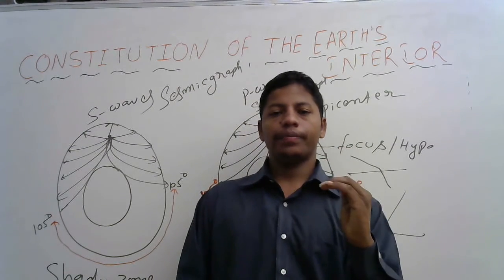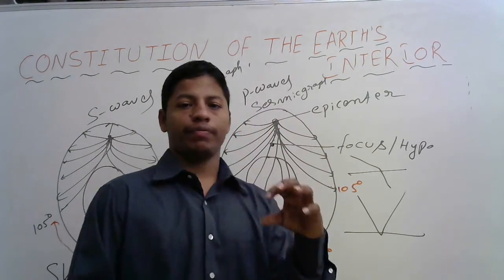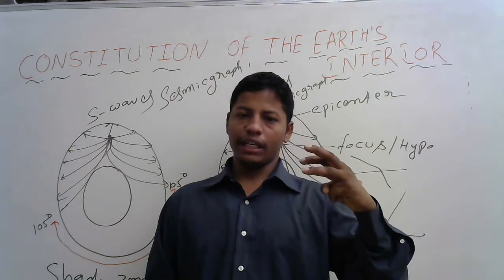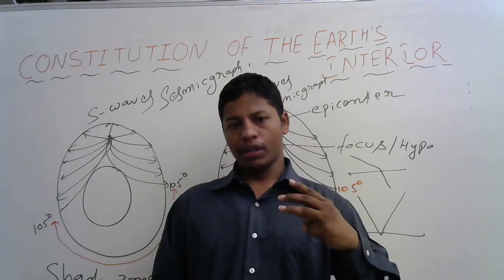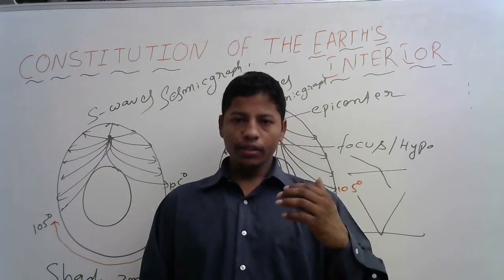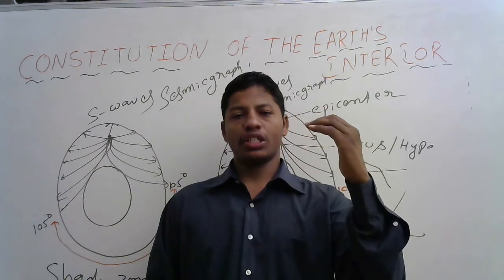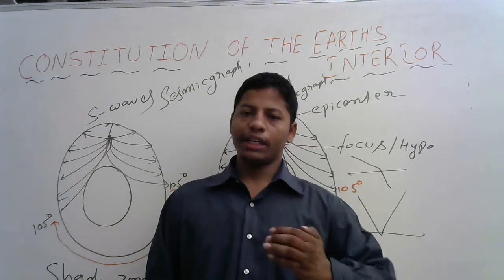The earth's layers are different mediums: solid, liquid and solid. If you touch the solid medium, the velocity rises. If it touches the liquid, the velocity reduces.